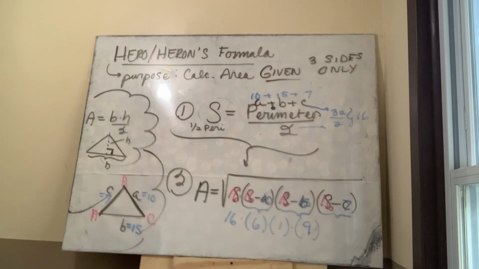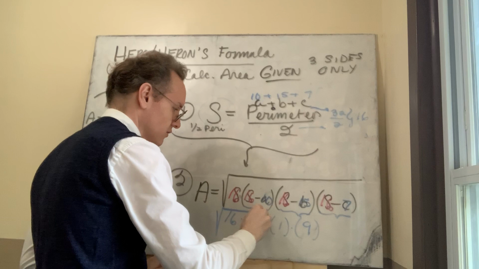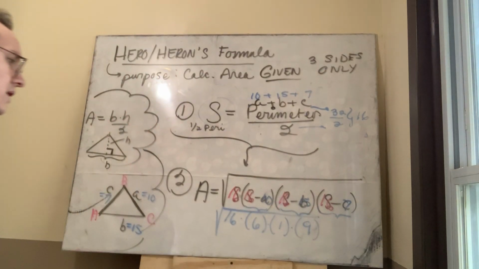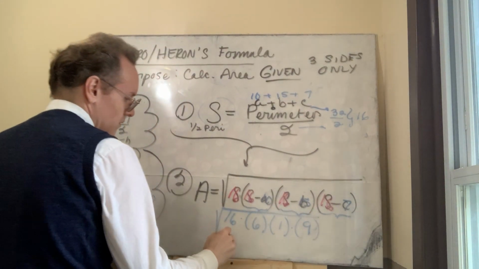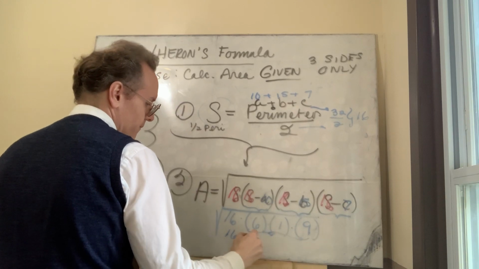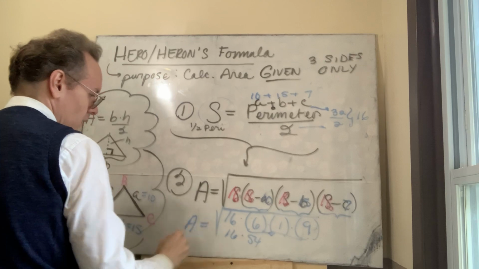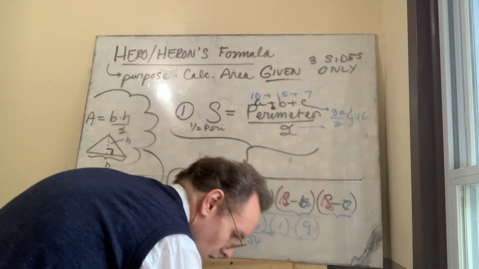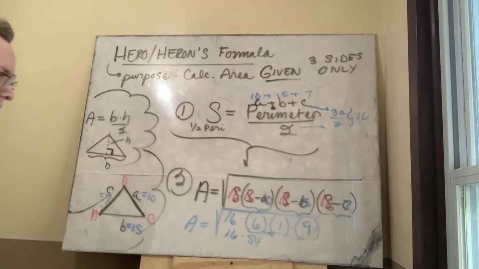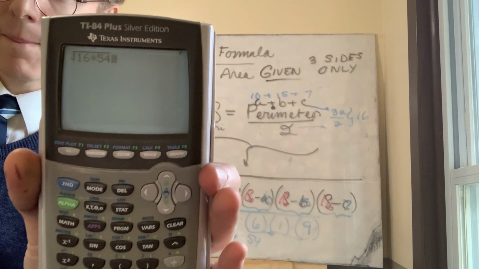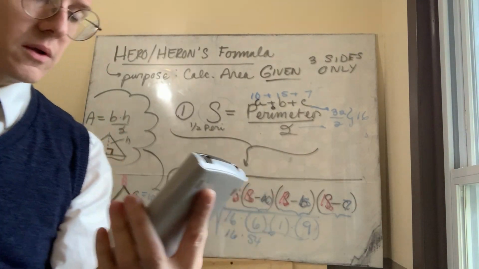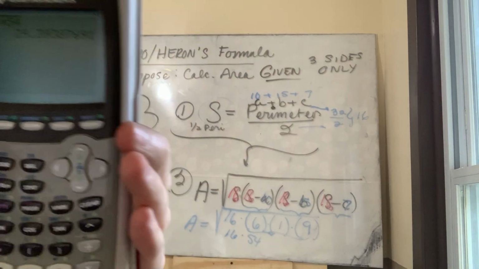And then you can enter this into your calculator, you get some large number. 16 times 54, whatever that is, a huge number, take the square root. Okay, so the square root of 16 times 54 is apparently about 29.4.